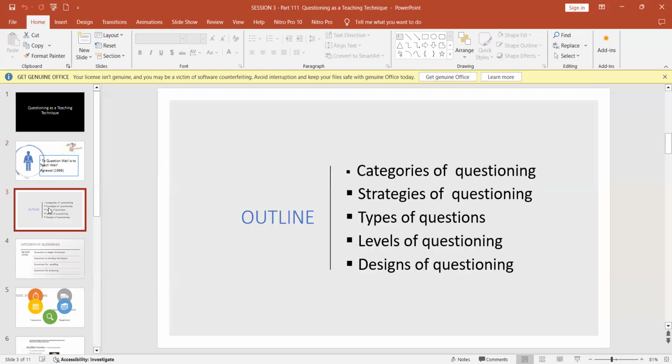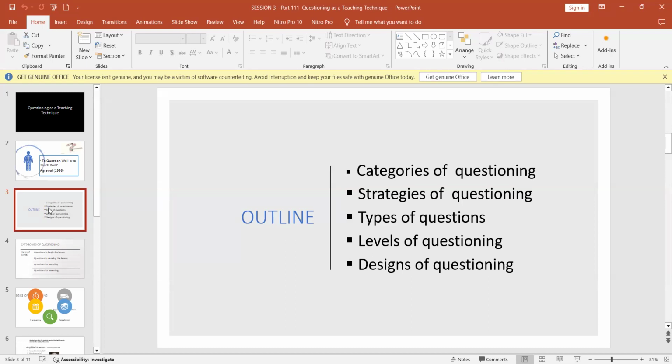So now we look at what we are going to talk about under questioning as a teaching technique. We will talk about categories of questioning, which is also based on Agrawal's research. Strategies of questioning, how to use questioning effectively.